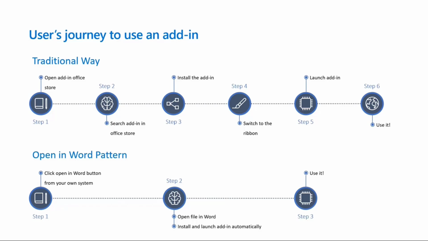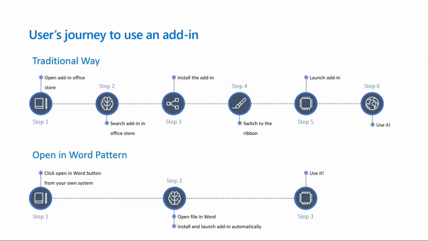Let's recap how a user installs and opens an add-in. The traditional, common way is that the user goes to the Office Store, finds the add-in, does the installation, and after that clicks on the ribbon button to launch the add-in.